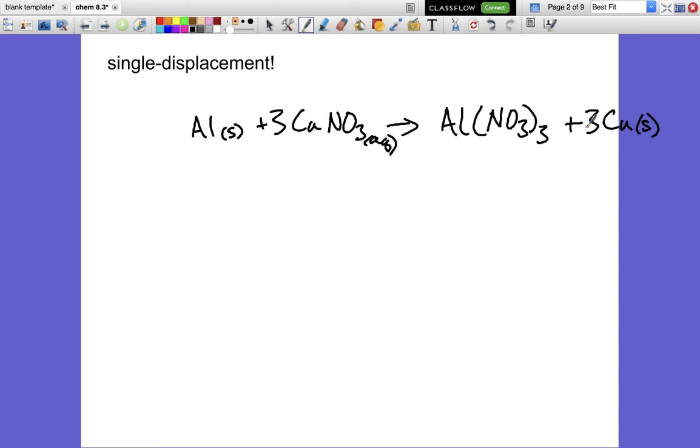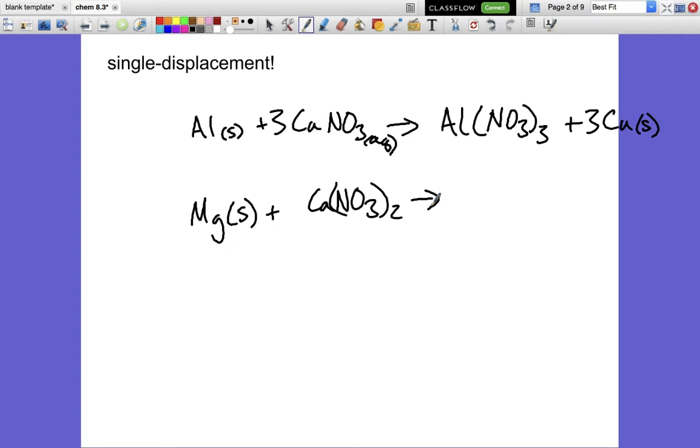But this reaction only works because aluminum is more active than copper is. Any active metal can replace a less active metal. So when we look at an activity series, aluminum is higher on the list than copper is. But if I change this reaction up just a little bit, say magnesium replacing calcium nitrate instead of copper nitrate, this will balance a little bit differently too.